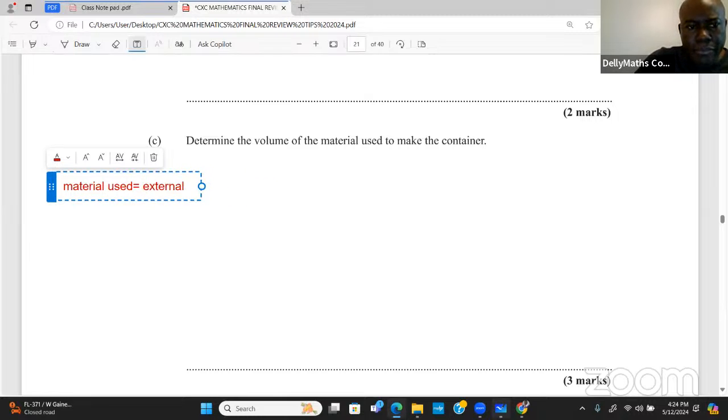So it's going to equal the external, and I'm going to take away the inner, whether you want to say capacity or volume.